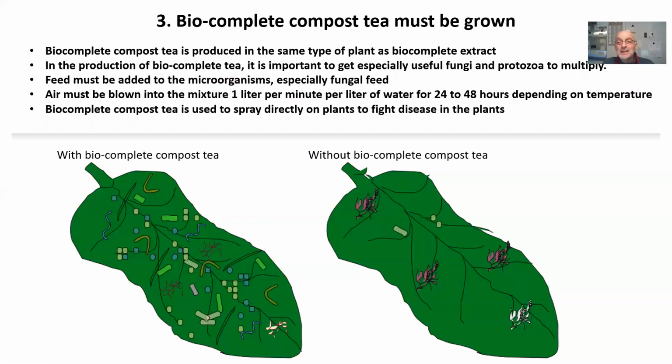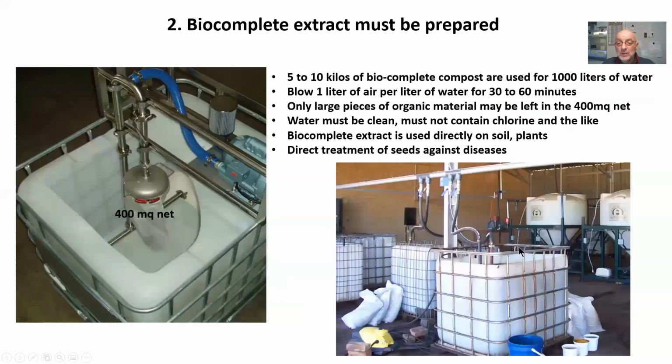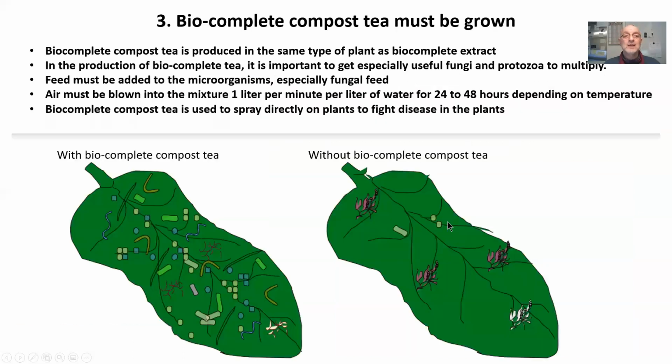Okay, the Biocomplete Compost Tea. So we make the tea, and this is really what this thing here is for, and it's very much the same as this one here. This is just a small movable system, with an air pump, and then a filter, and so on, made inside. Use it the same way as biocomplete extract.